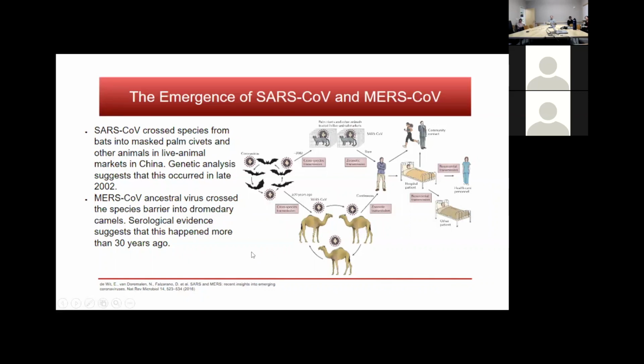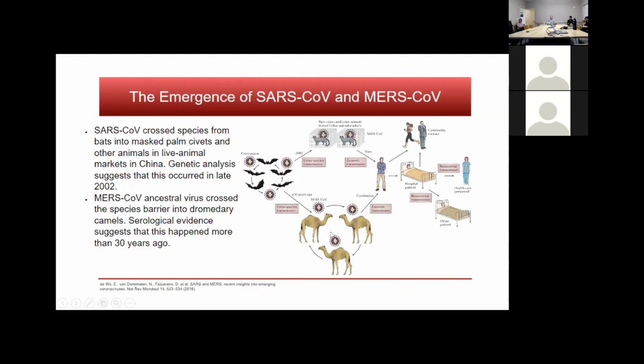So this slide shows the tendency of these coronaviruses to cross species. So the SARS virus, we now know, probably came to humans via bats, then into masked civets. So these civets are sold for food in live animal markets in China. And the genetic analysis now suggests that this occurred probably in late 2002.